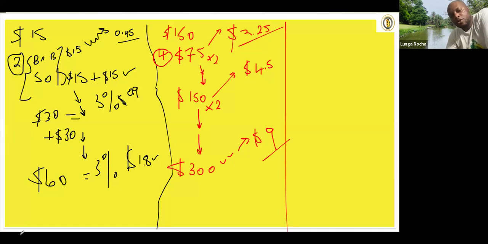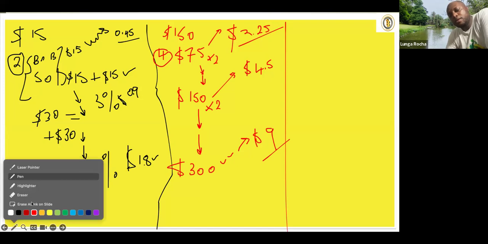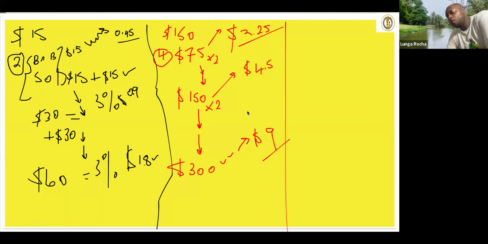Let's say here, the mistake most of us make is whereby the more funds you have, the better flexibility you have. But be careful. The more funds you have, the higher your desire to make more.